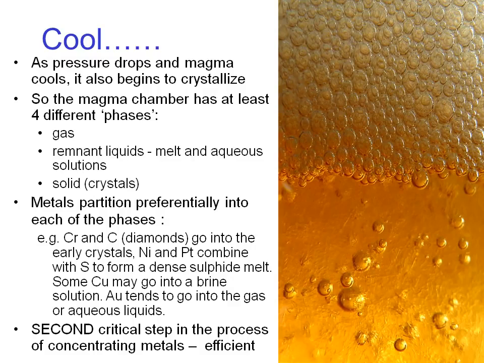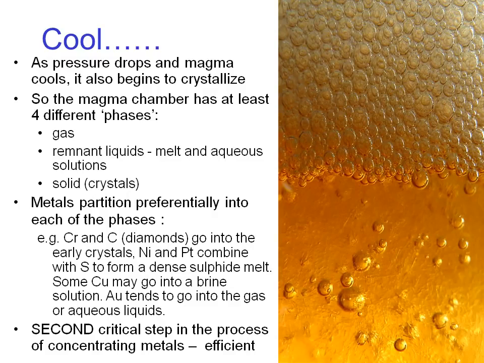As occurred when the rock was originally melted, each metal preferentially partitions into one or other of these phases, in other words, into the crystals, the gas, the liquid, or the remaining molten magma. So, for example, carbon in the form of diamonds and chromium in the form of chromite partition into the early formed crystals.